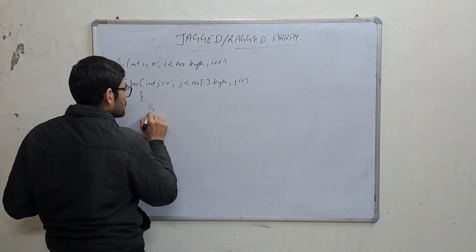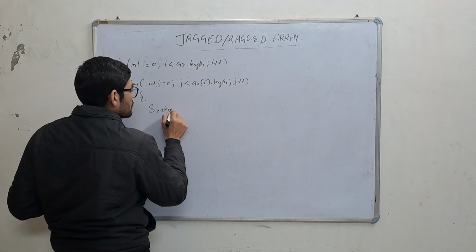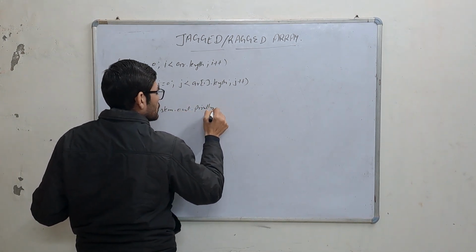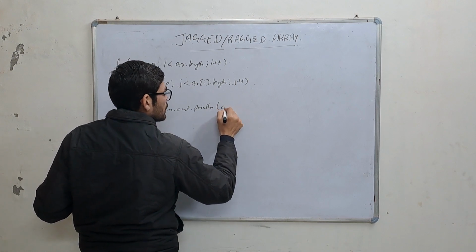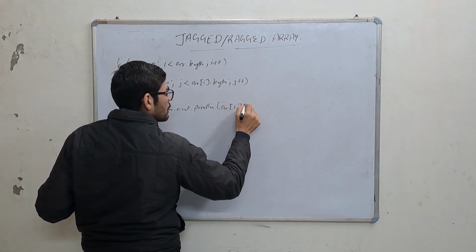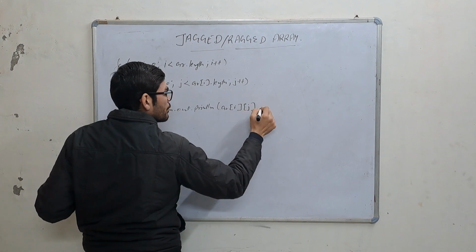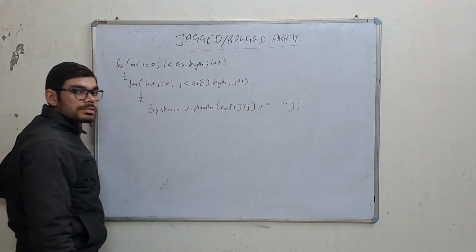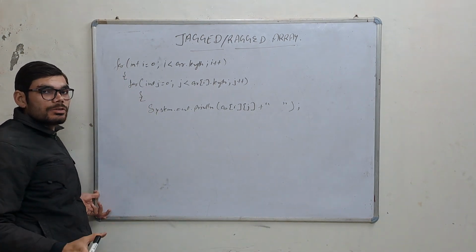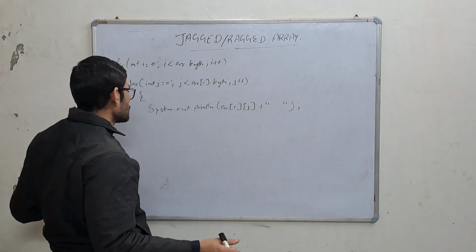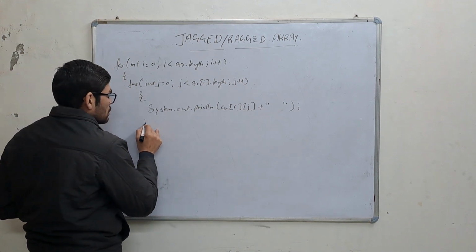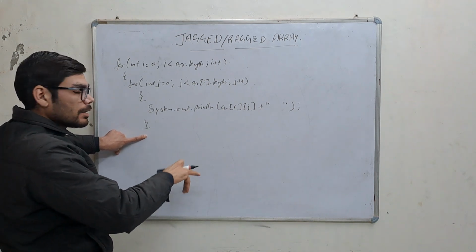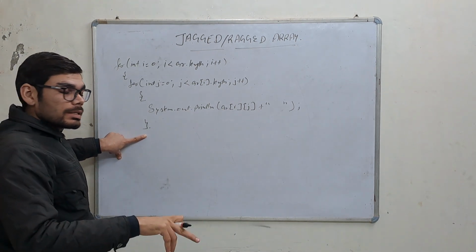Now we will print value, System dot out dot print AR[i][j], and we will add another space so that we can recognize the values easily in the console.